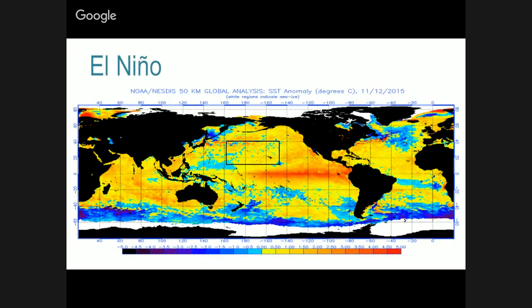So we can see here around the equator to the east side of the Pacific that we have warmer than normal temperatures, and over in the west side of the Pacific it's a little cooler than normal. But if we look at the Hawaiian archipelago here, we can see that some areas are warmer than normal, other areas, especially up here in the northwest, are cooler than normal. So we are sort of a little bit outside of the main influence of El Nino.